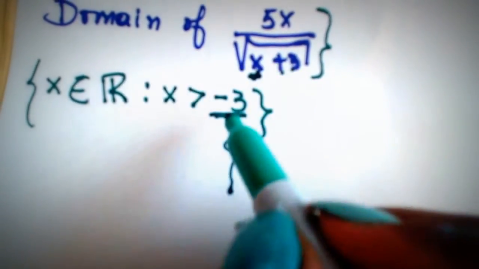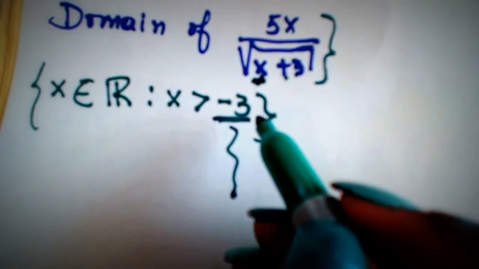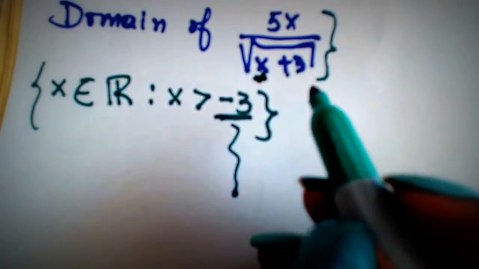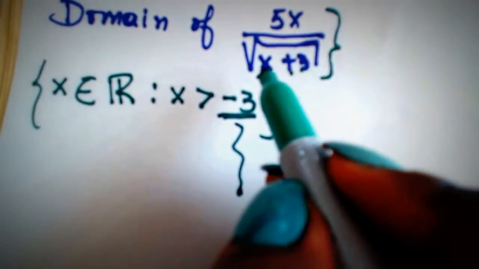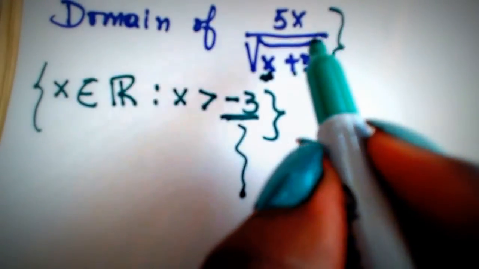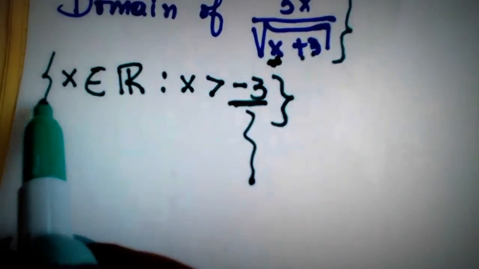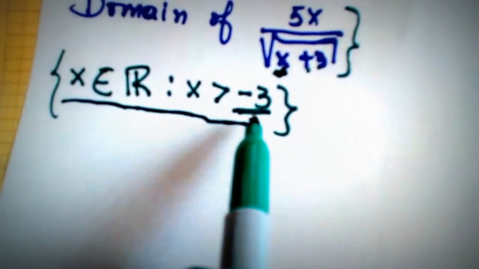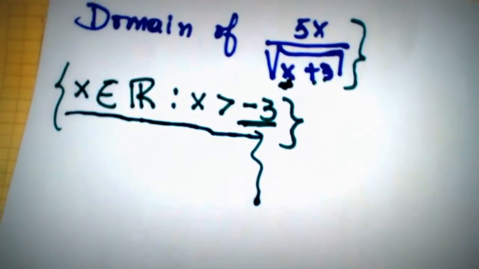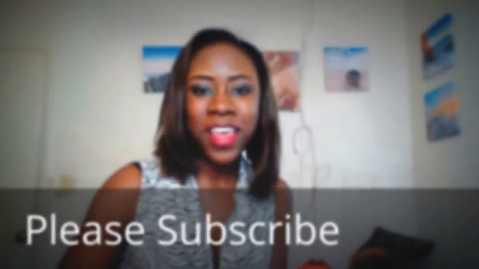You don't want that because it would become a complex number, and you would have to use i squared to actually solve the function. That is why the answer to the question is all real numbers except for the values of -3 and below.